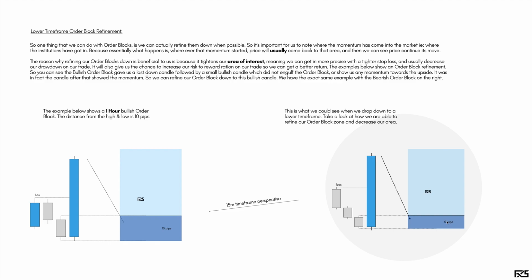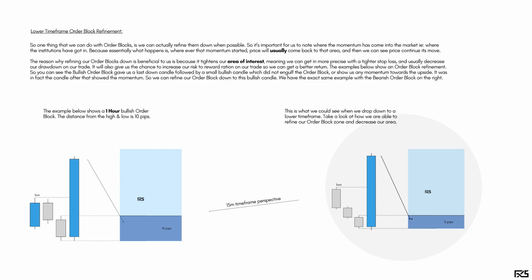So 10 pips for an hourly order block, refined down on the 15-minute to 5 pips. Now what this means for our entry and stop loss is we can obviously get in with half the size of a stop loss, meaning more precision, more risk to reward, and potentially less drawdown on a trade.